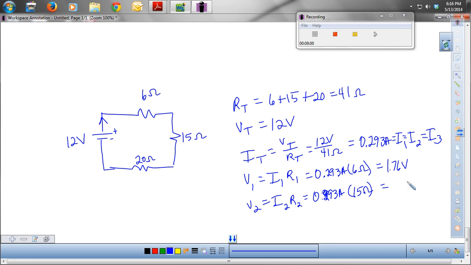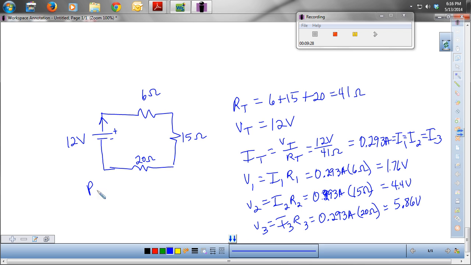And when I did that, I got 4.4 volts. And then V3 was I3R3. And when I did that, I got 0.293 amps times 20 ohms. So that gave me a voltage of 5.86 volts.